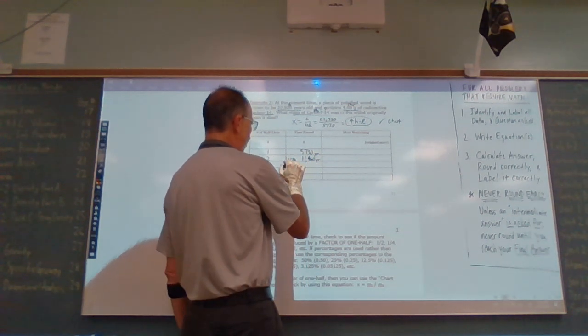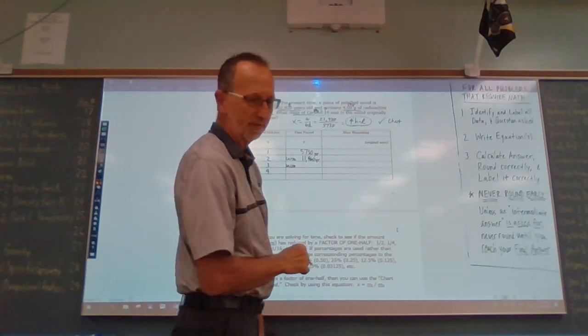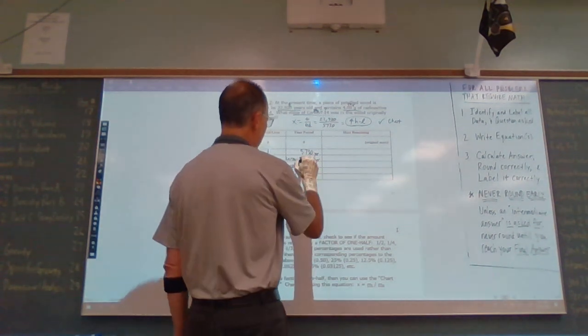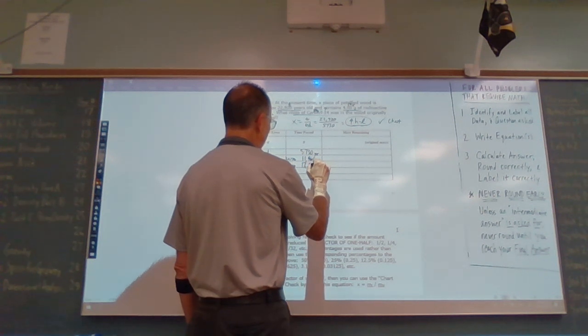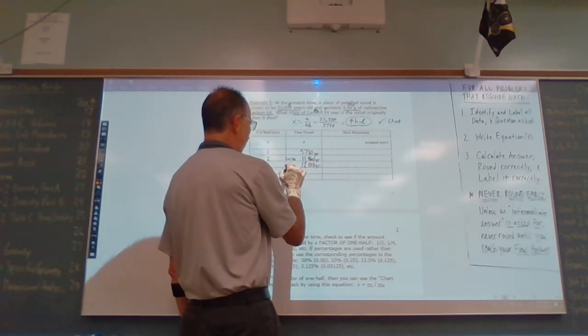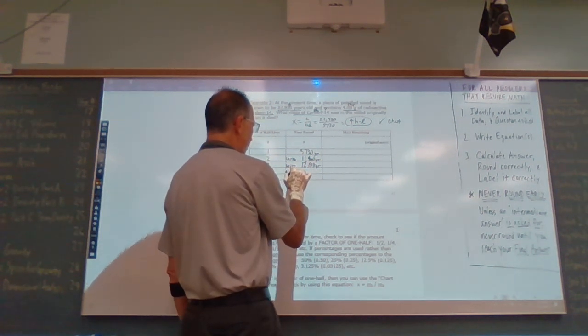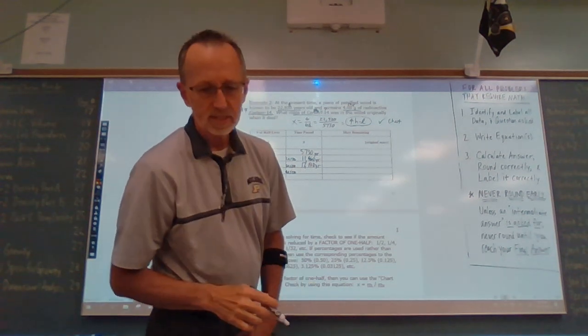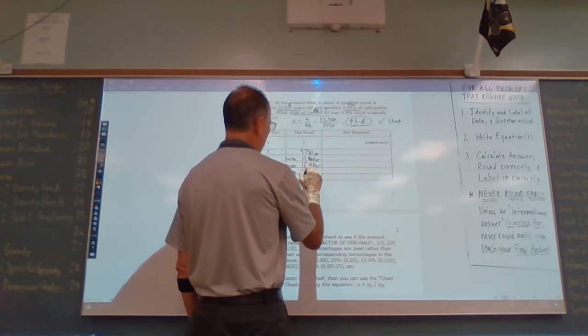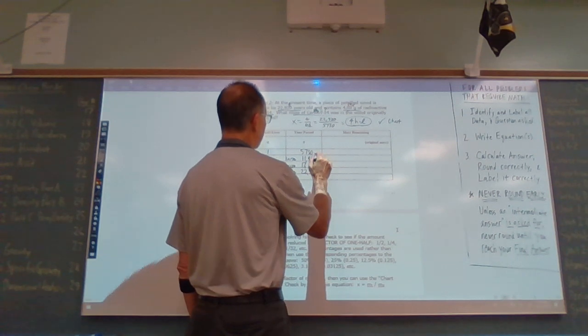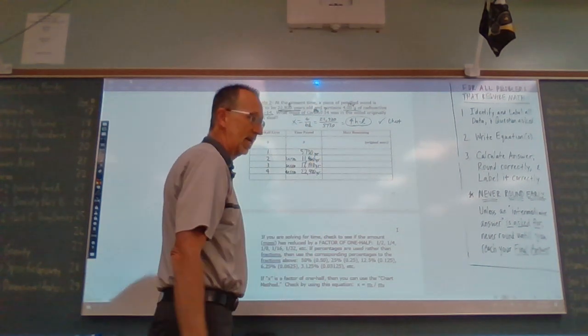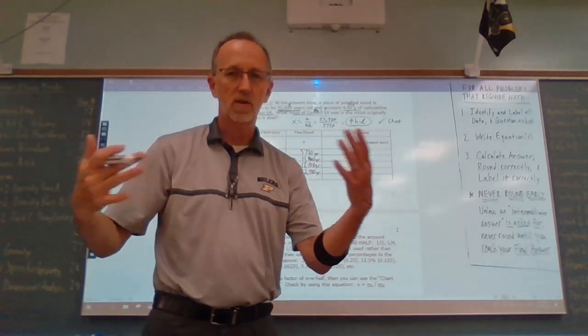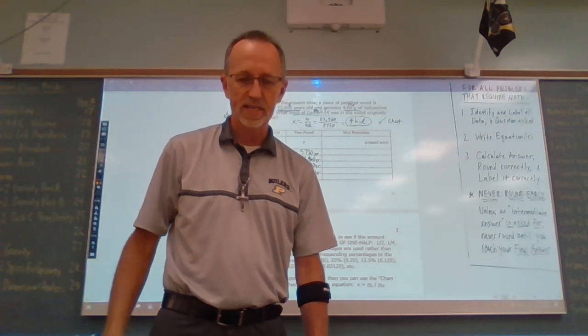Our third half-life, which would be 3 times the half-life time, or 3 times 5,730, is 17,190 years. And a fourth half-life, which would be 4 times 5,730, gets us to 22,920 years, which is exactly our number right there. So we know we've done it correctly mathematically. We're where we need to be.